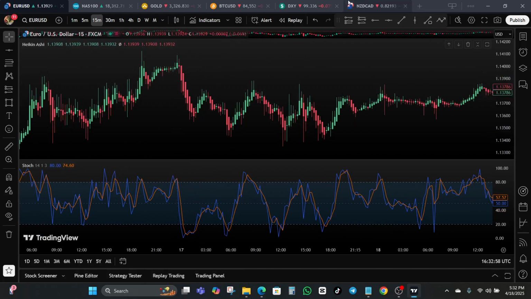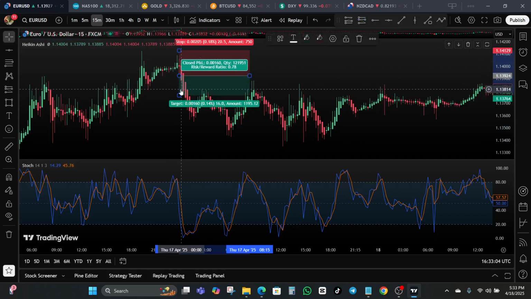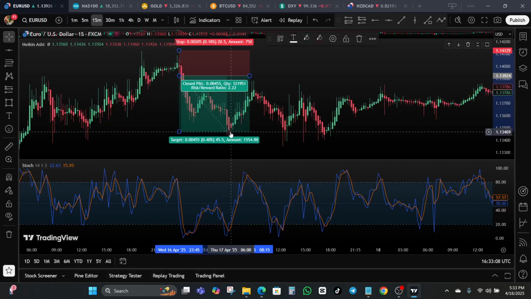When you get a sell confirmation and you enter a sell trade, make sure that you always use a stop loss, please, and make sure that you have a good risk to reward ratio. For example, ratio 1 to 2, meaning that if you are risking 10 pips, you're potentially targeting at least 20 pips, and so on. Make sure to use stop losses to protect your trades and only trade during periods of high market volatility to get the most out of these signals.